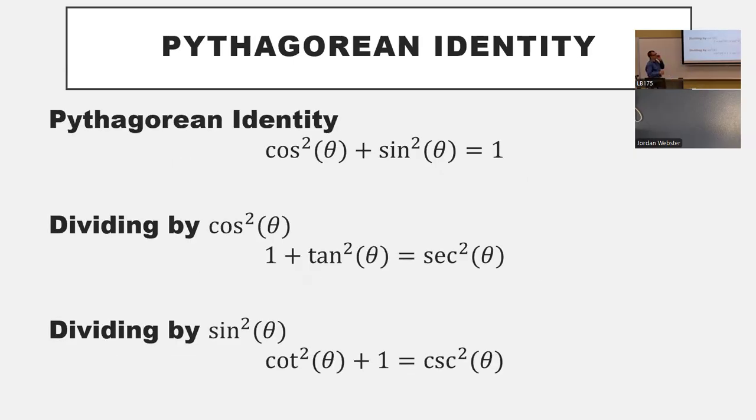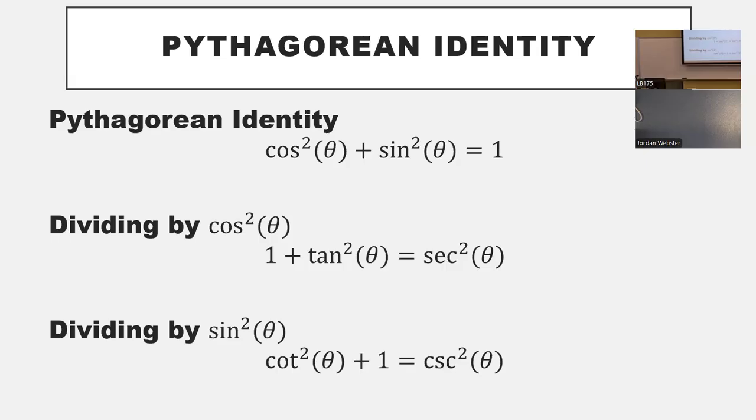The other identity that we've seen before is the Pythagorean identity. We showed that with cosine squared plus sine squared equals 1. That comes from the equation of a circle. And then the other two come from dividing that Pythagorean identity by either cosine squared or sine squared.